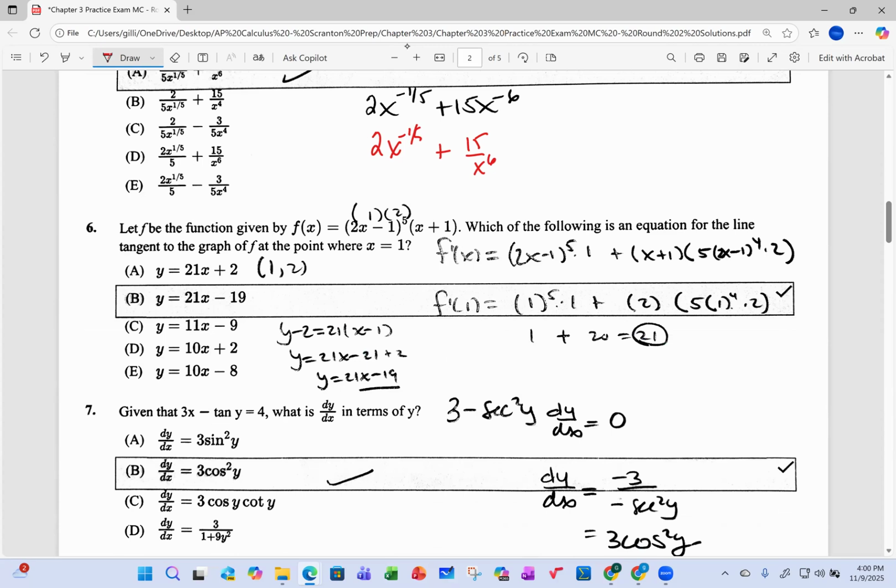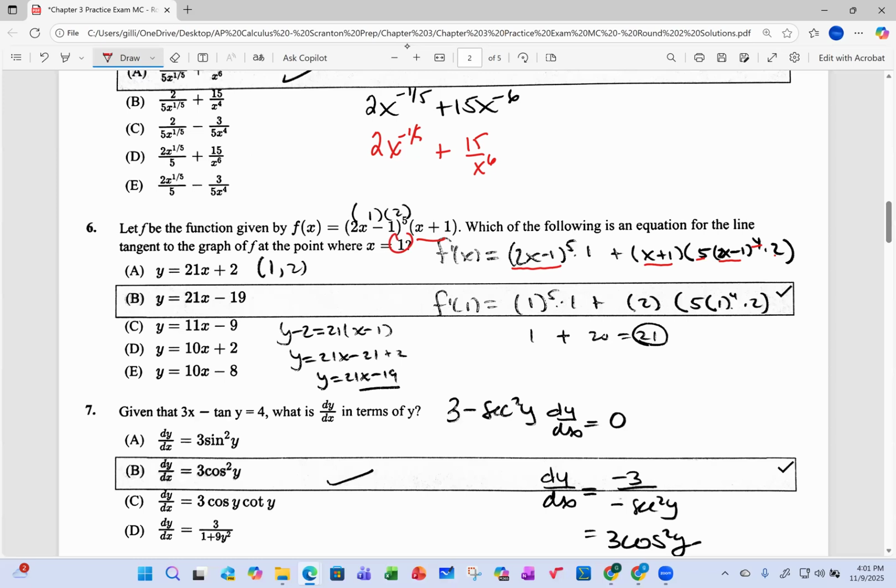In number 6, we're going to have to do a product rule. So it's going to be the first function, which is 2x minus 1 to the 5th times 1, plus the second, x plus 1, times the derivative of the first, which is drop down the 5, repeat the inside, decrease it by 1, and times it by the derivative of the inside. You don't need to simplify it.